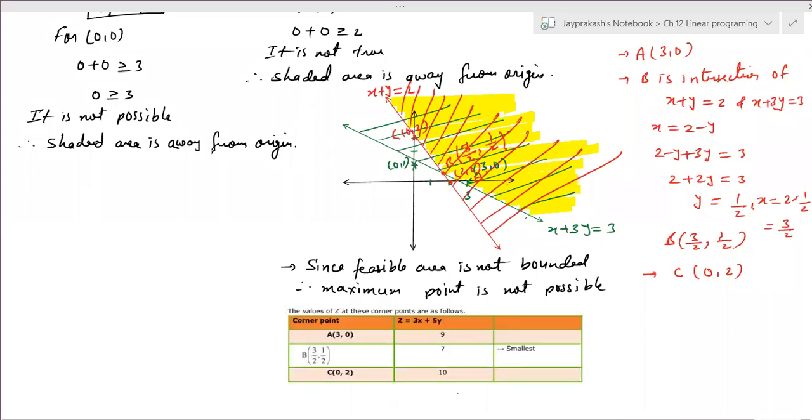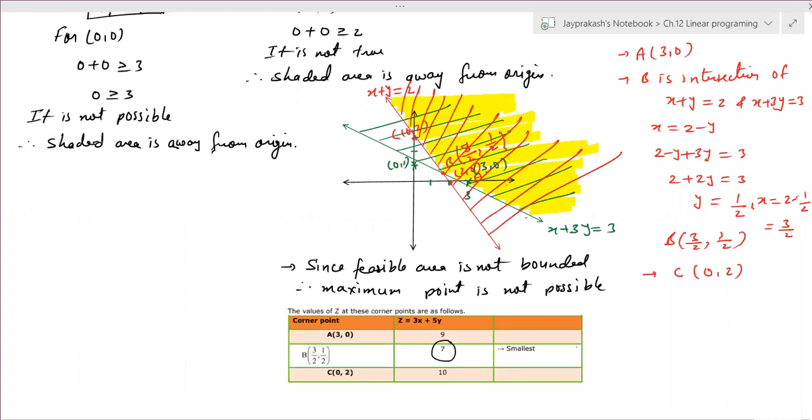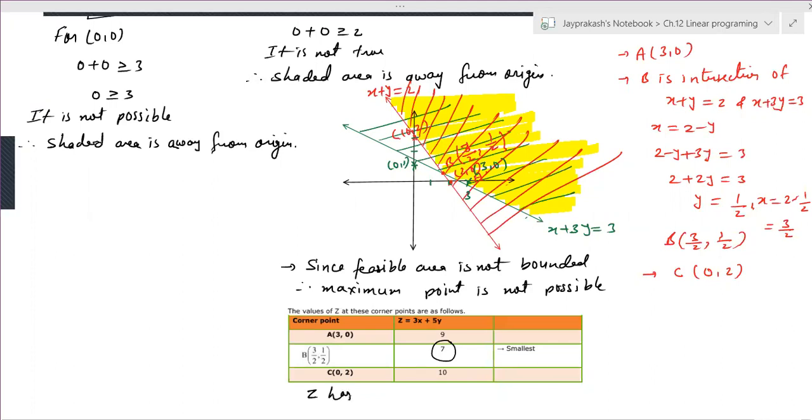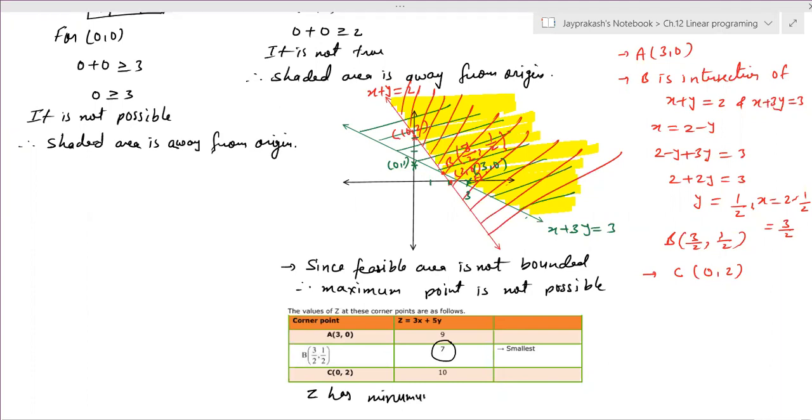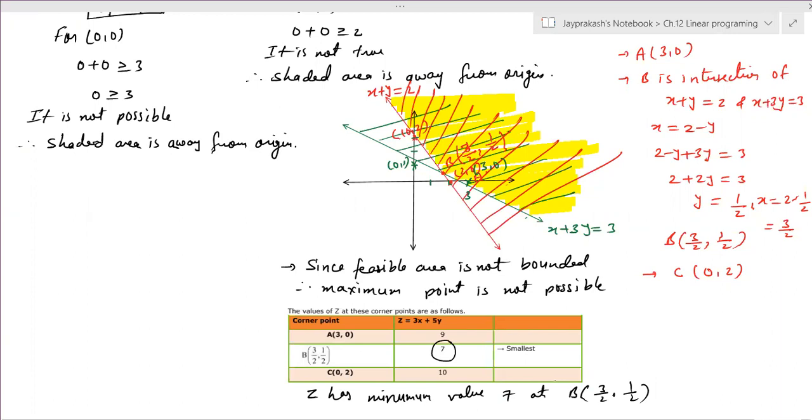So these are the 3 corner points, and we are getting the smallest value at the point B, 3 by 2 and 1 by 2, that is 7. So we'll write here Z has a minimum value 7 at B, 3 by 2, 1 by 2.